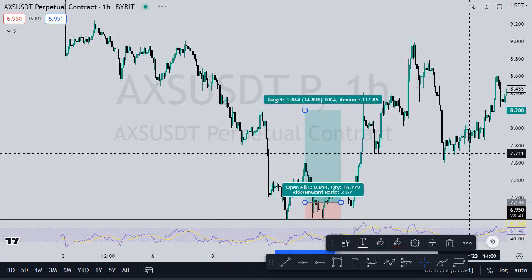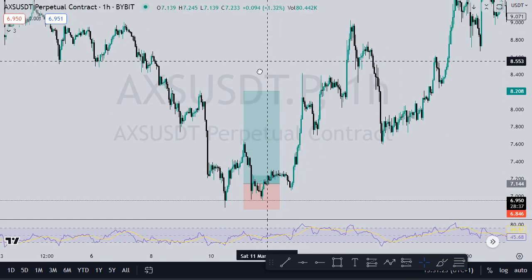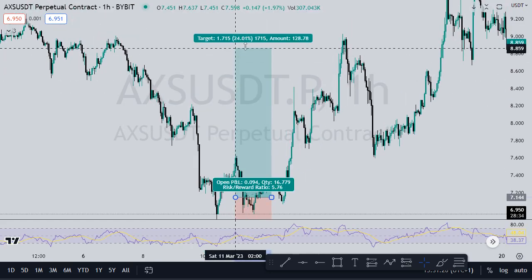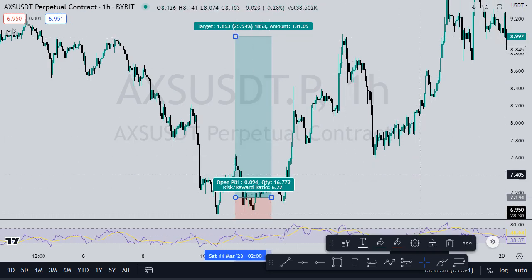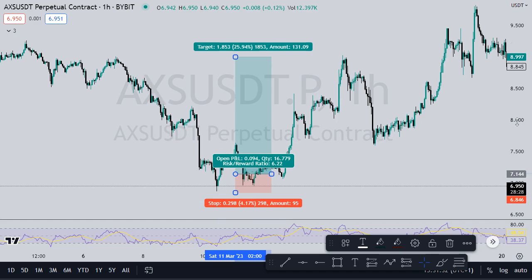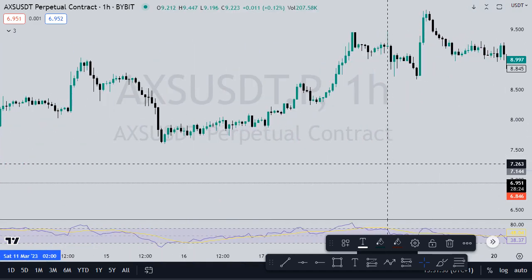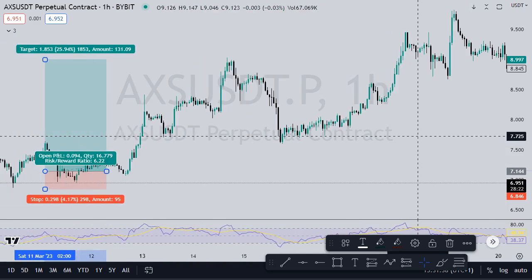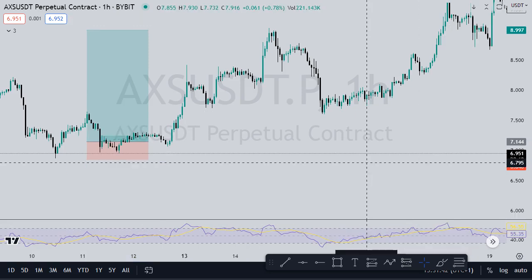This is a 3.57 risk reward trade, and it went all the way to this swing high, making it a whopping 6.2 risk reward trade. Okay, always be sure to trade your Harami pattern even when the trend has continued to move.